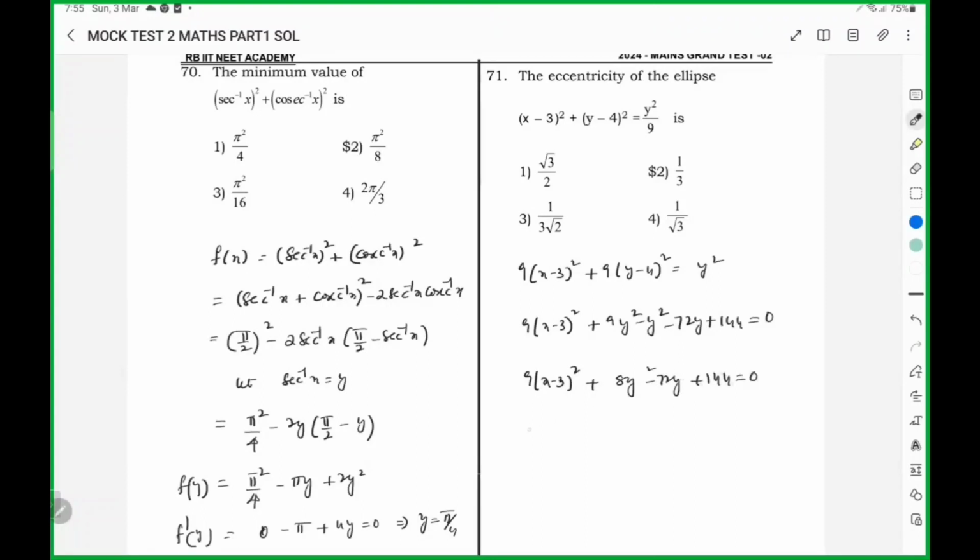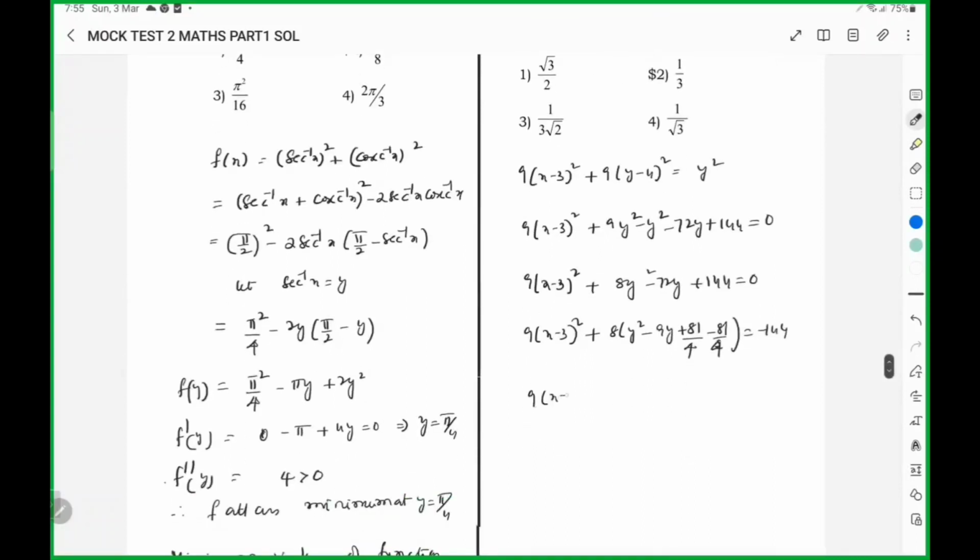We have to convert it into the standard form of an ellipse: y squared minus 9y plus 81 by 4 is minus 144 plus 162, which is 18.